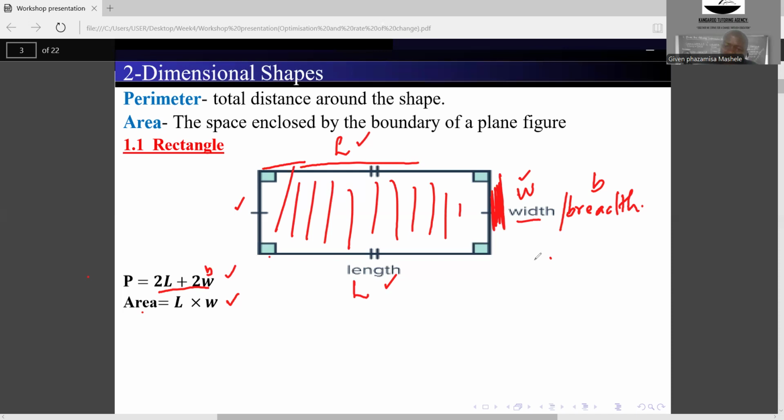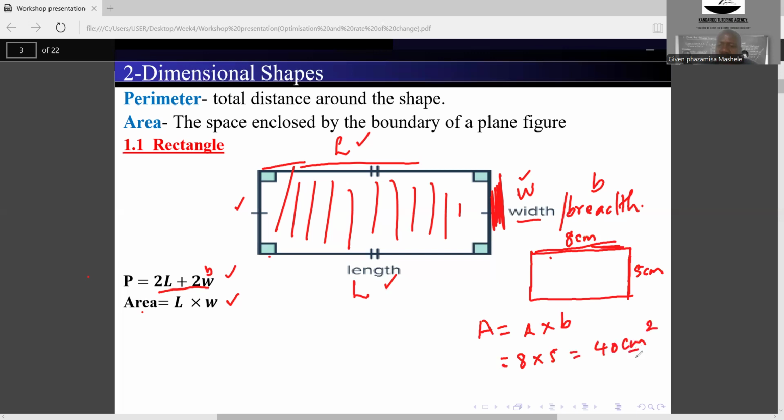Like what I've done earlier, if we have this shape where one side is 8 centimeter and the other side is 5 centimeter, obviously this is a rectangle. To calculate its area, you just take the longest side multiplied by the other, length multiplied by breadth, which is 8 by 5, and this gives us 40 centimeters squared. So the area is in units squared, unlike a perimeter, which is just in units.